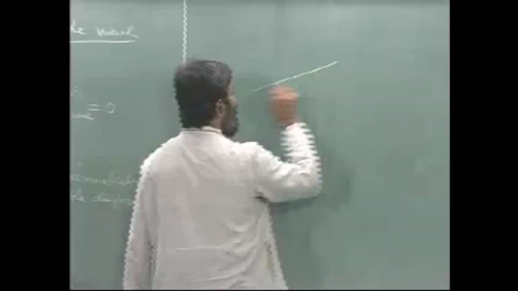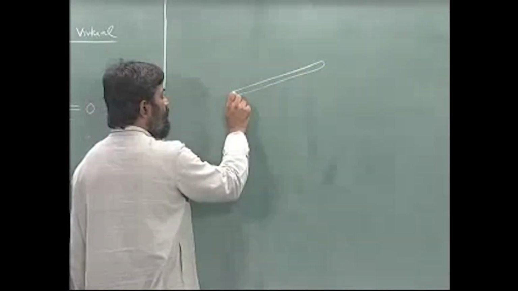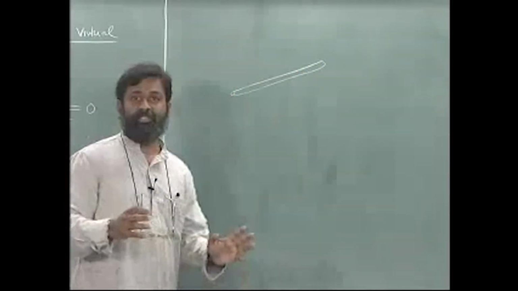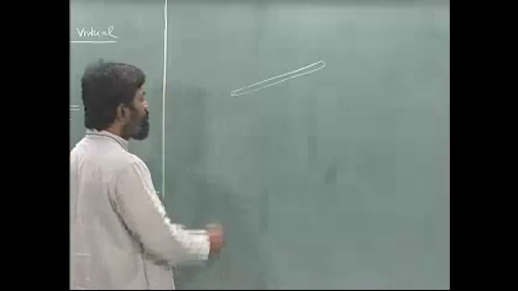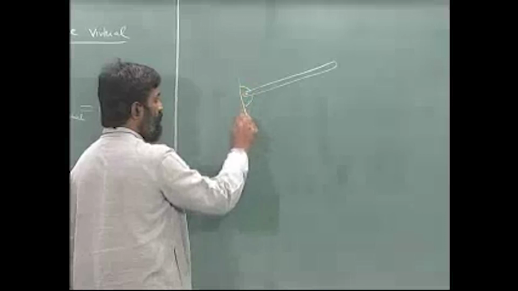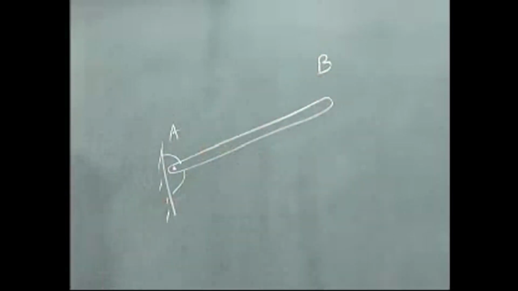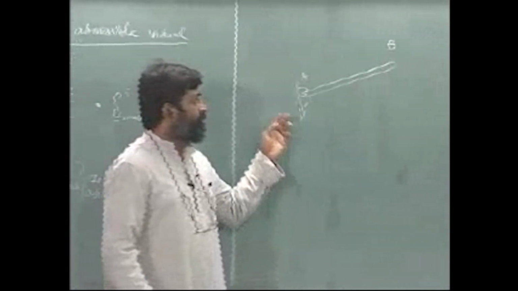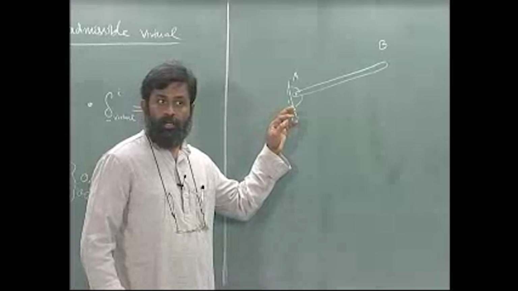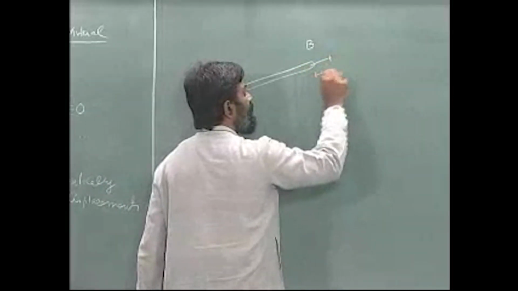Let us say I have a rigid body like this. Let us say I know some of the displacements. Let us just for a moment assume that the end displacement of this, let us say AB, is arrested. Now can I apply a virtual displacement like this?